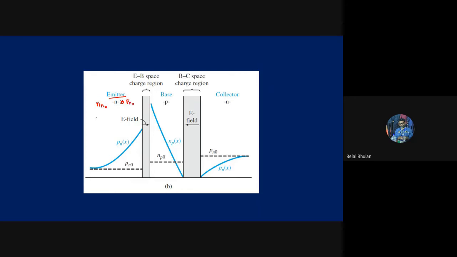The total minority carrier is pn(x), which consists of two parts: thermal equilibrium minority carrier plus excess minority carrier. Base side.